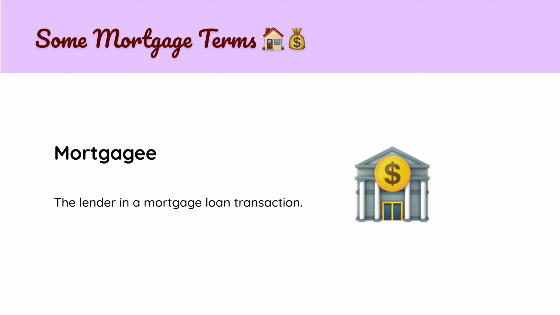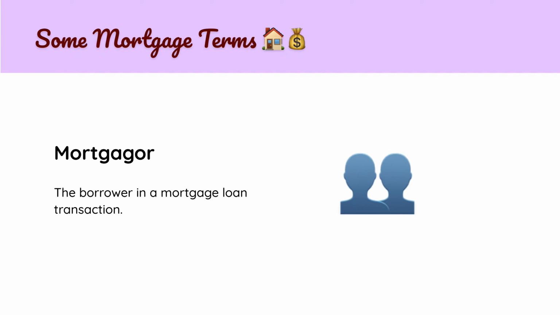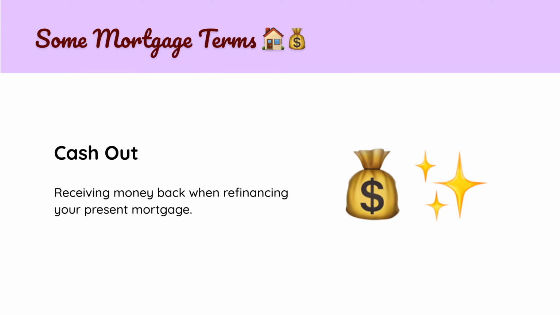Mortgagee is the lender in a mortgage loan transaction. It is pronounced mortgagee. The mortgager is the borrower in a mortgage loan transaction. And the last term I'm going to explain is cash out. That is when you receive money back when refinancing your present mortgage.